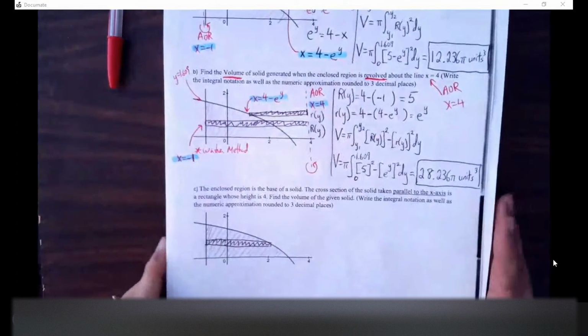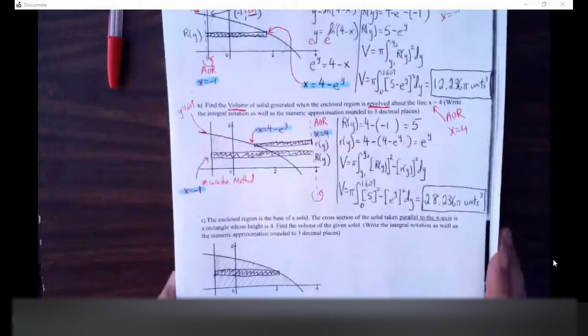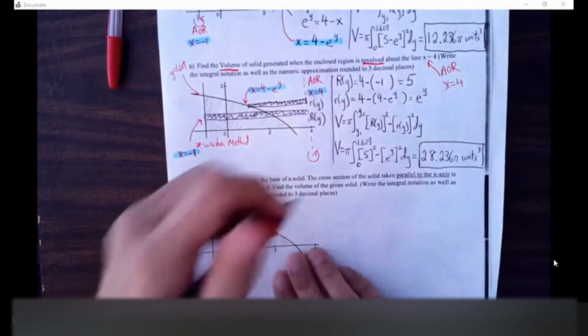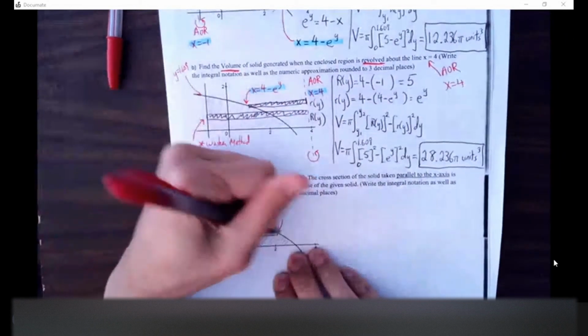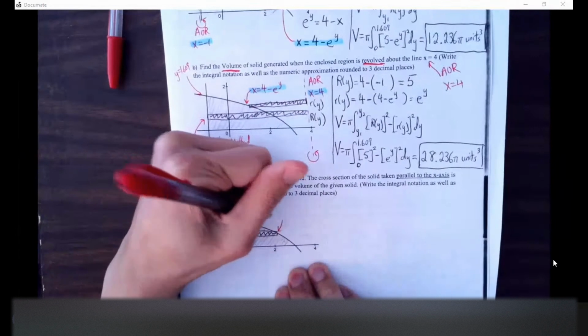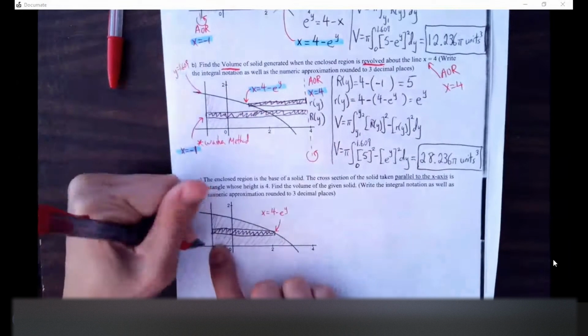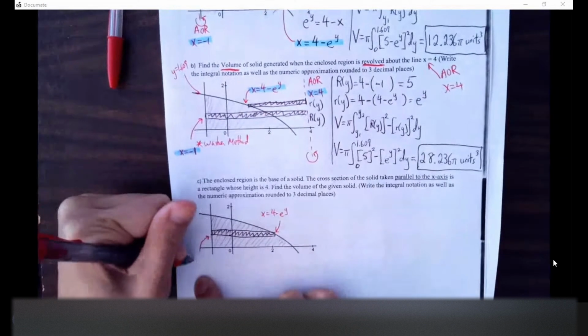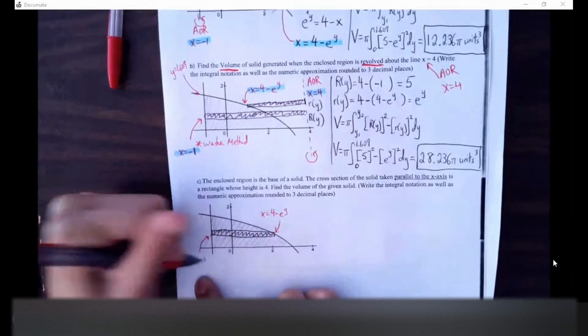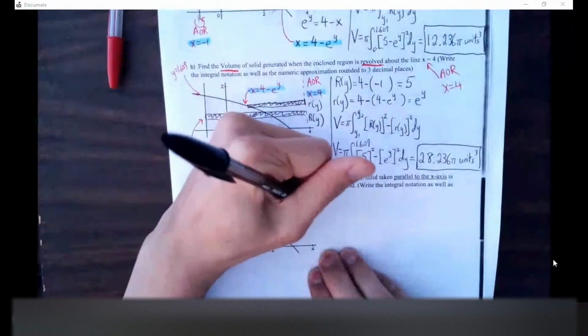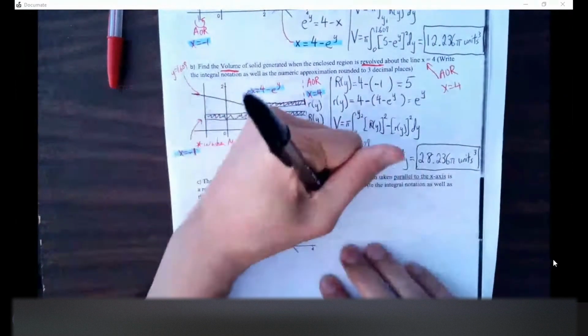Well, the nice thing is these are all right minus left, so everything we've already gathered from before we can bring down. The bounds, the equations, so we're able to reuse a lot of information here. Okay, our base, right minus left.